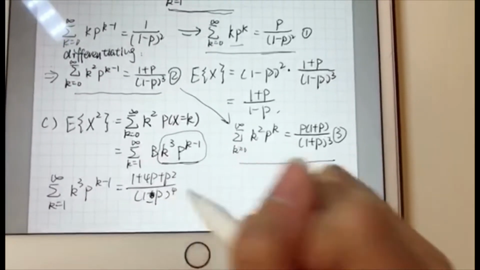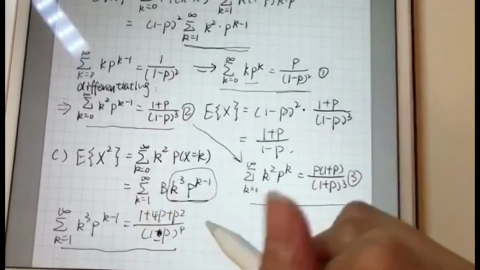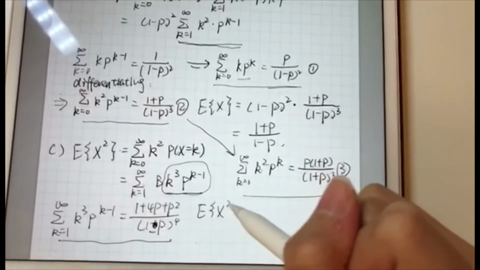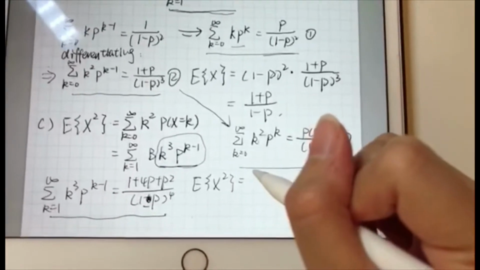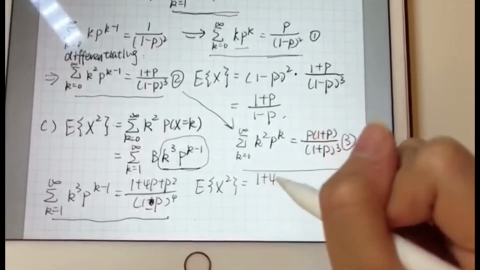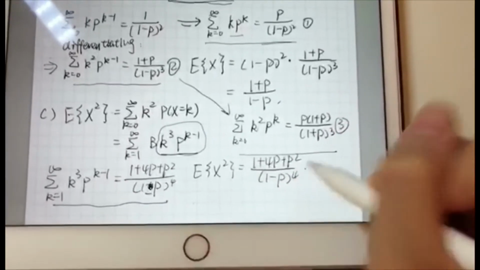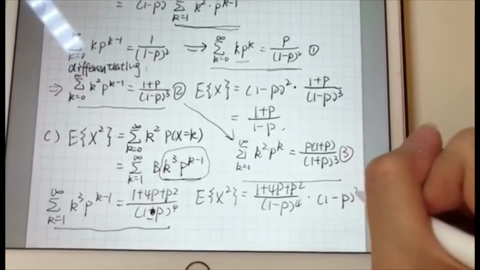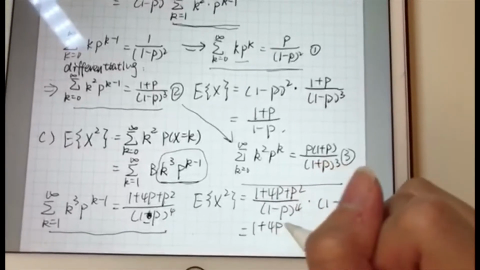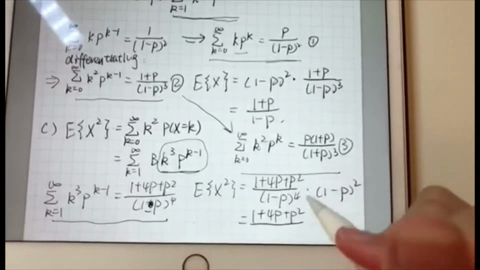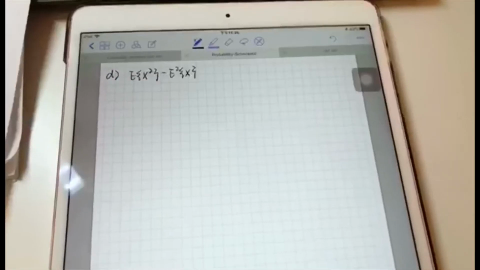After we get this equation, we can get the value of E(X squared) as this value multiplied by 1 minus p squared. That is 1 plus 4p plus p squared divided by 1 minus p squared. Now we got the final answer.